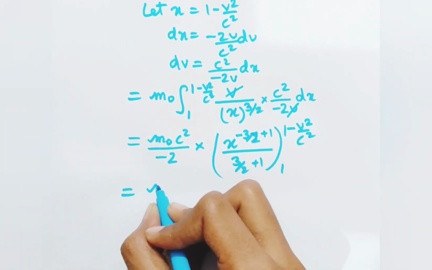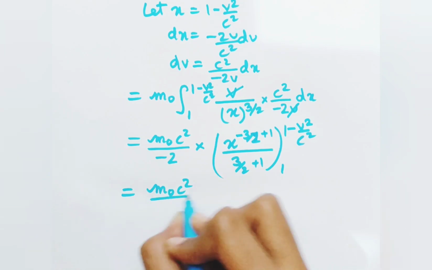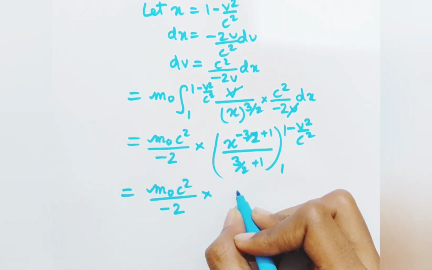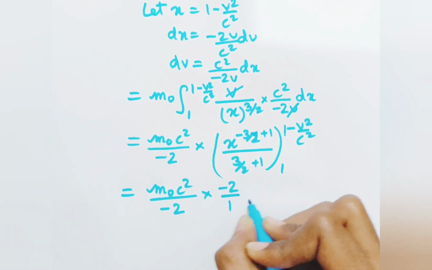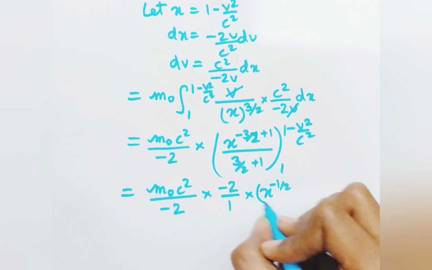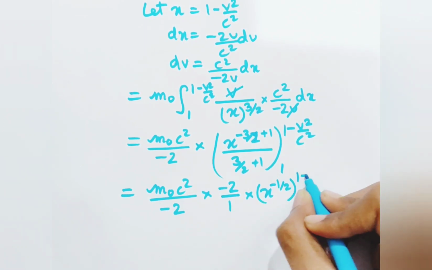Now we can rewrite it as m naught c squared divided by negative 2 multiplied by negative 2 times x to the power of negative 1 over 2, integrating from 1 to 1 minus v squared over c squared.